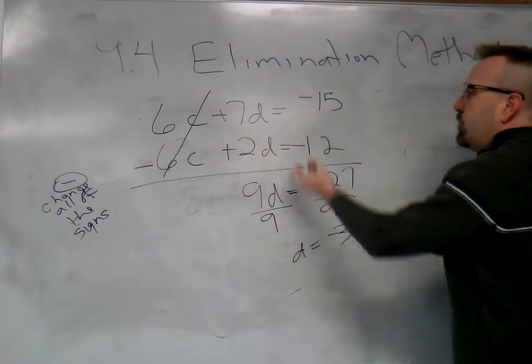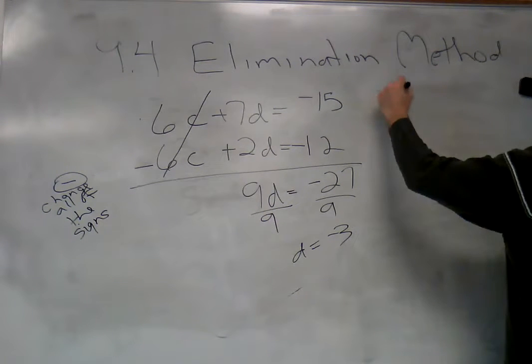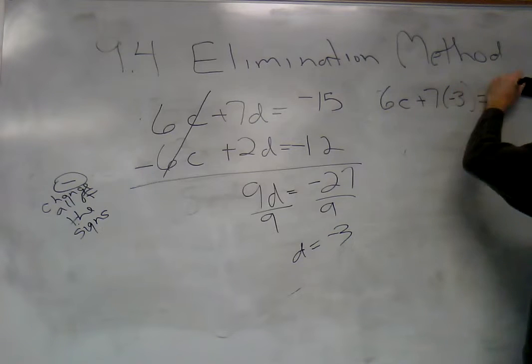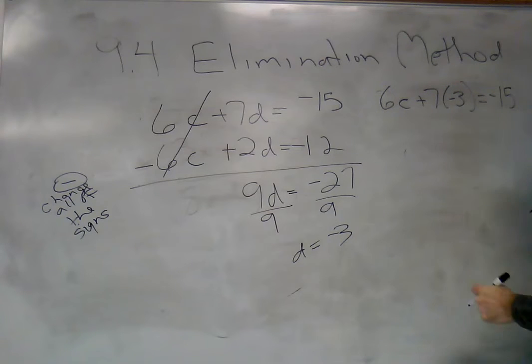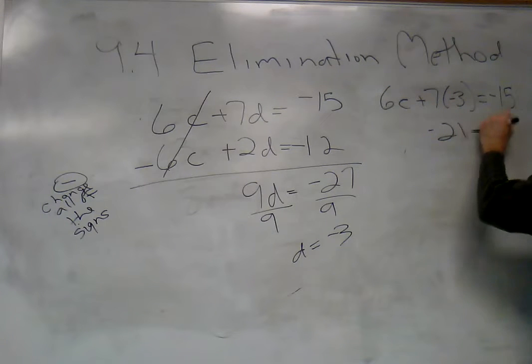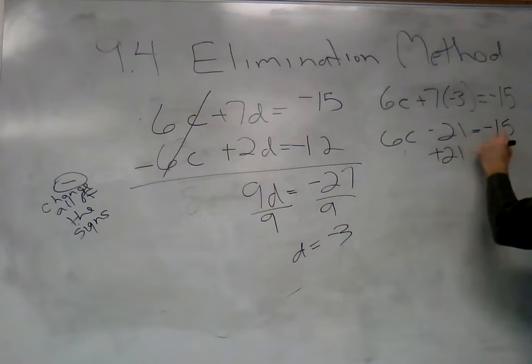Now again, we go back to either equation. I'm just going to use this top one. Again, it doesn't matter. So we get 6c, here we get negative 21. Add 21.